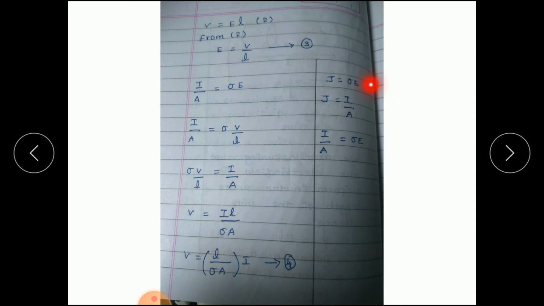Equating these two, we get I by A is equal to sigma into E. In that E we put this value, so I by A is equal to sigma into V by L.